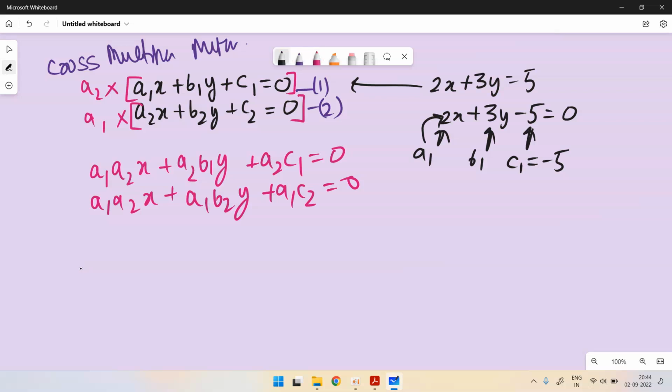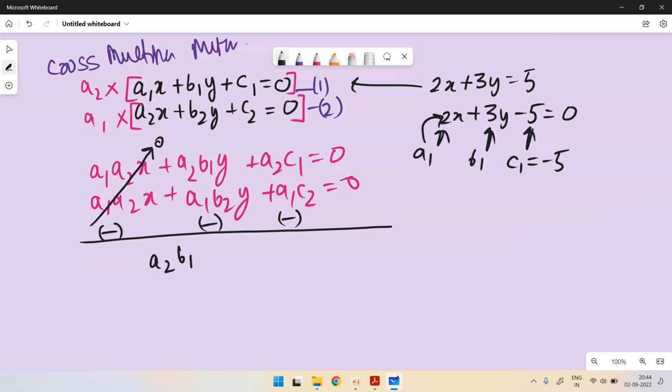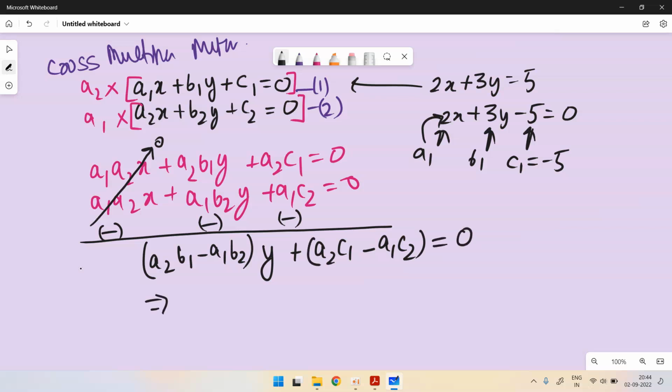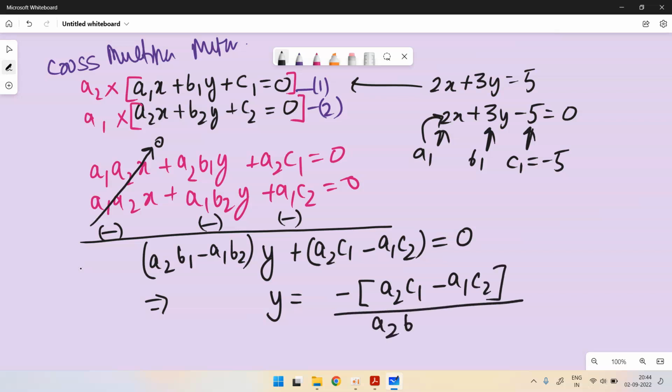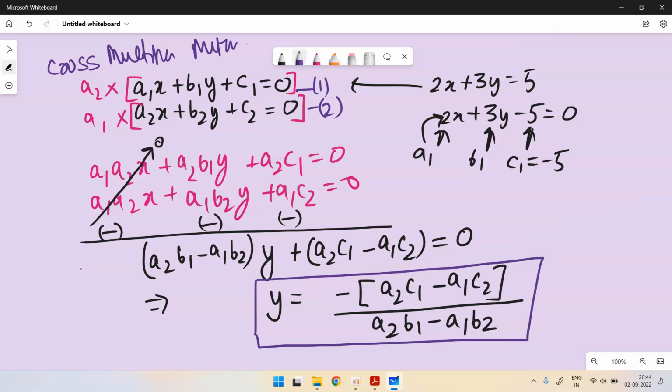Now if you subtract these two equations, a1 a2x becomes 0 and cancels out. So you get (a2b1 minus a1b2) into y equal to minus (a2c1 minus a1c2). So the value of y is given as this.